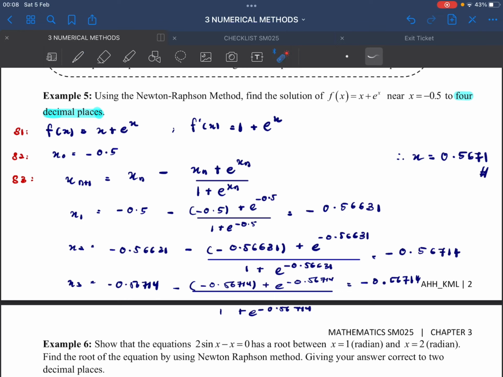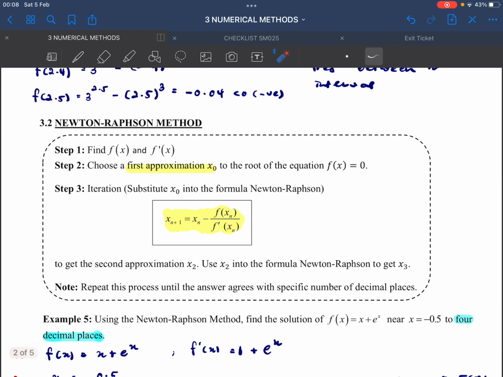So you do this iterative process until you get the same two answers, the last two answers being the same. Make sure to write according to the given question. So let's recap: what are we going to do for this Newton-Raphson method?